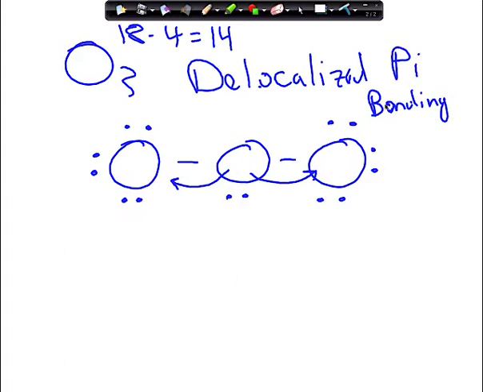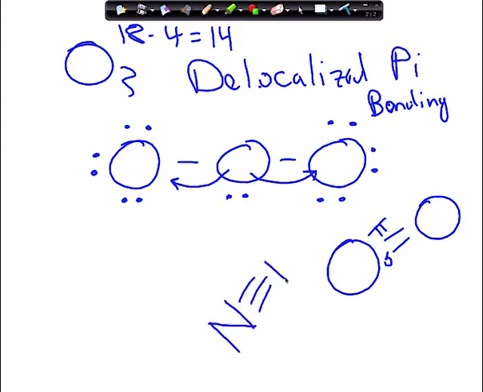No, let's do this really quickly. When we have a full double bond, this is made up of one bond, which is called a sigma bond, and the other bond, which is called the pi bond. If we've got a triple bond, like exists between nitrogens, that's sigma and pi and pi. We'll talk more about this in chapter 9, but you need to know a little bit of this now. So a single bond is a sigma bond, a double bond is sigma and pi, and a triple bond is sigma and 2 pi's.